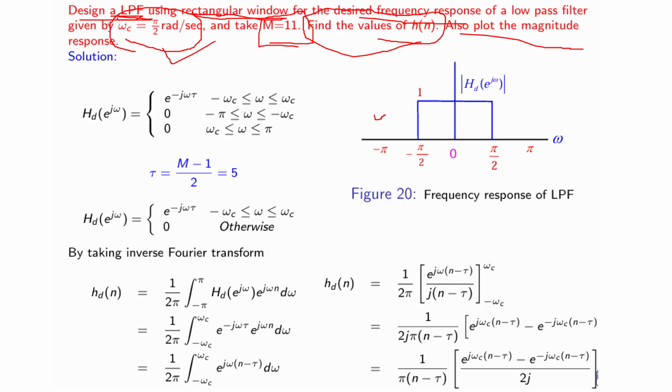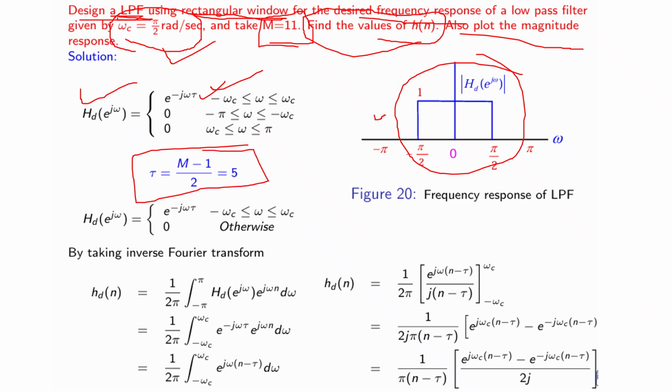It is already given: Hd is equal to e to the power minus j omega tau. Why? Because this is your low pass filter, and for minus omega c to omega c it has the value of this one, right? So now, what is tau? You can find it as the mid value.